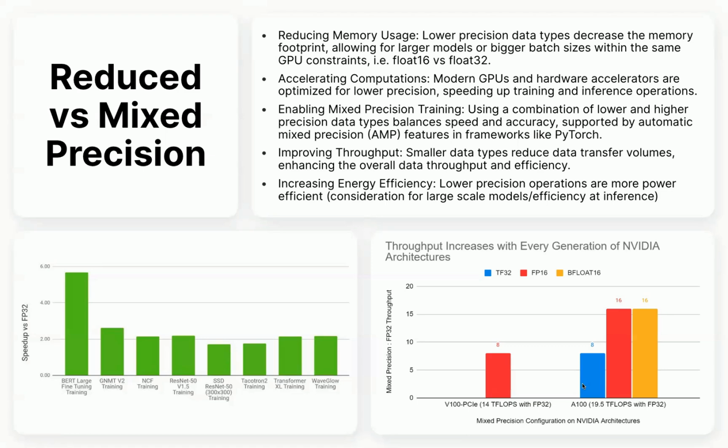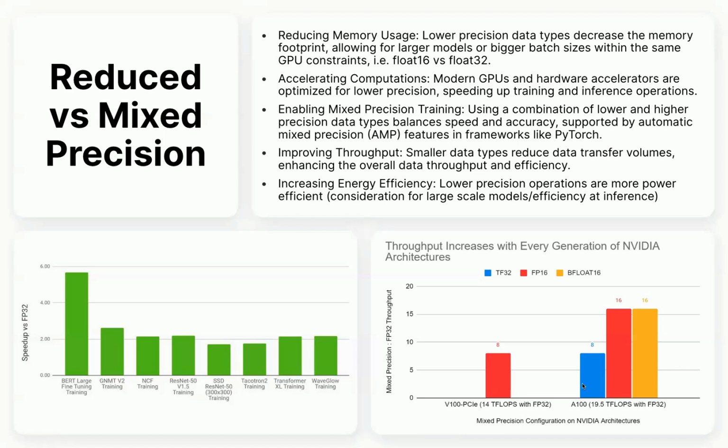Another way is mixed precision, utilizing a combination of lower and higher precision data types through automatic mixed precision features. You can use AMP to automatically adjust the precision of your data types as you're training. By using reduced precision data types, you can reduce data transfer volumes and enhance the overall data throughput and efficiency of the models.